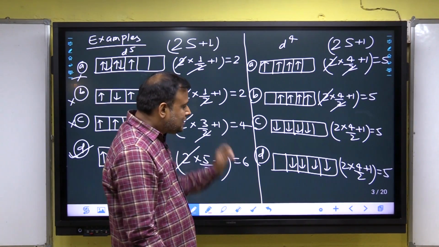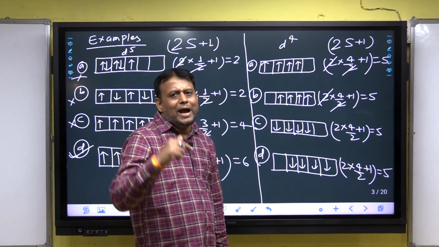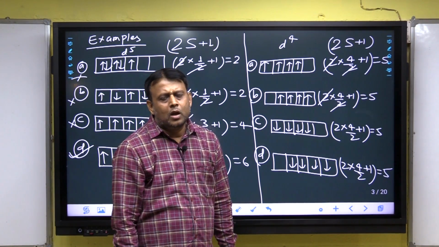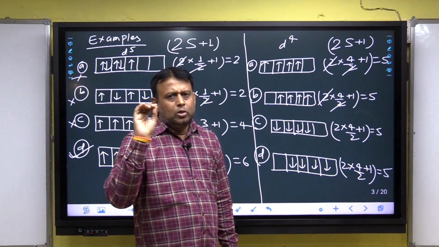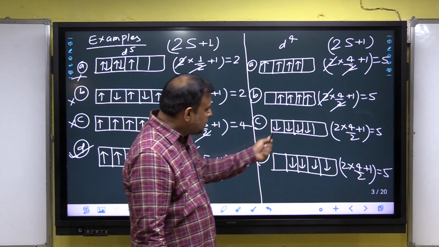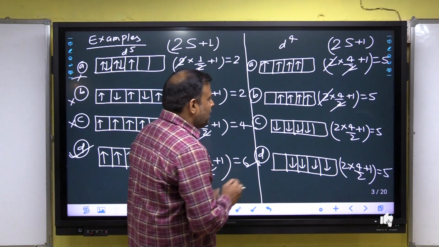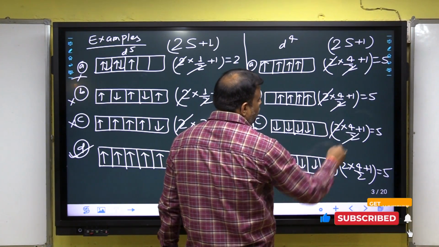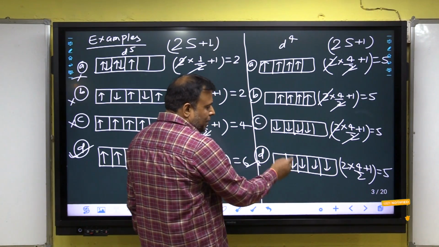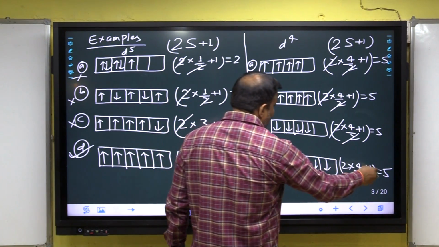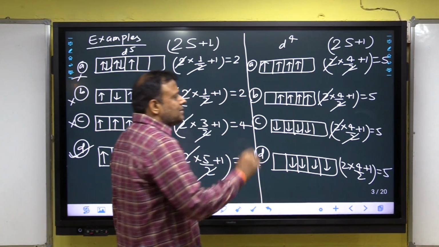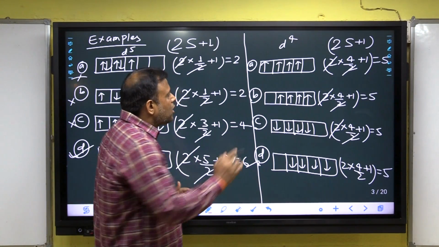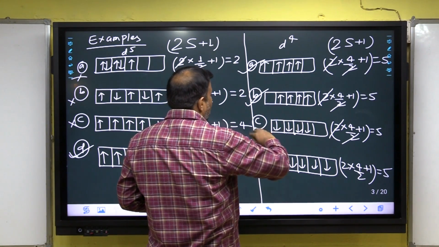Listen, when there is a single electron in an orbital, either upward or downward, either clockwise or anti-clockwise, the first spin is normally plus half. The total spin is 4 by 2 and the spin multiplicity is 2 into 4 by 2 plus 1, which is 5. And hence, listen carefully, according to Hund's rule, all are correct.